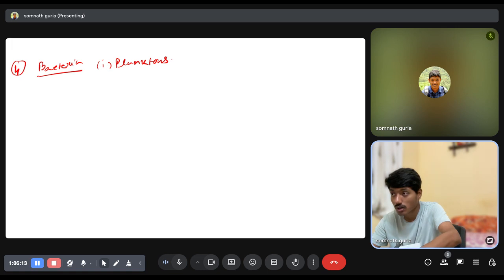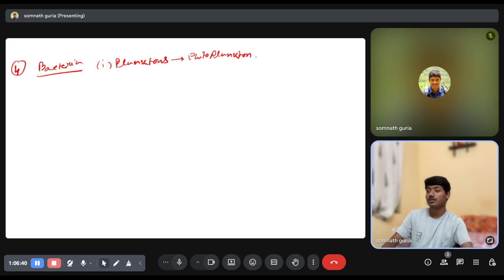Those can be recognized, and they form some enzymes and carry out photosynthesis themselves; that is called phytoplankton. These phytoplanktons can make their own photosynthesis.